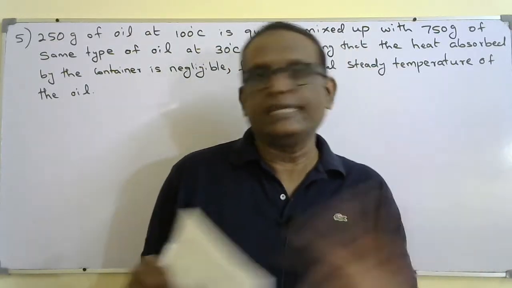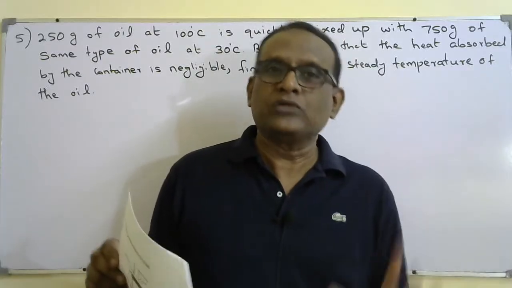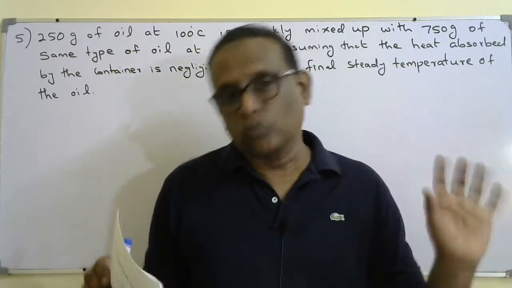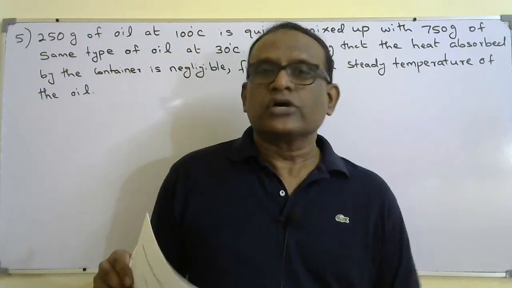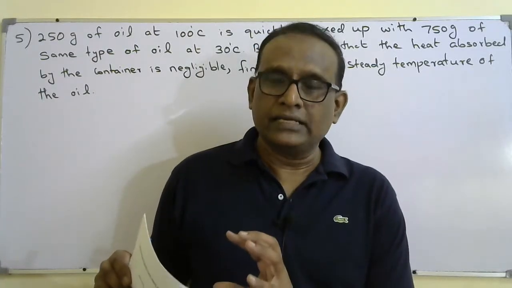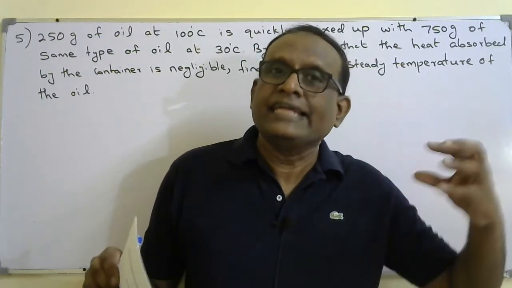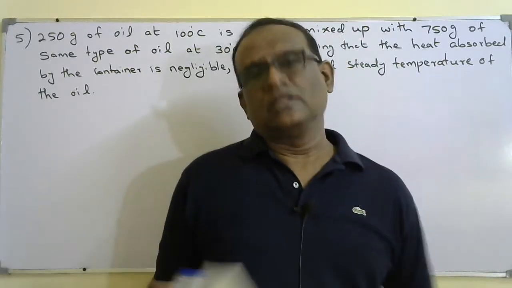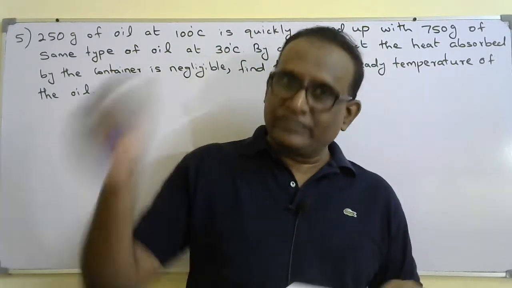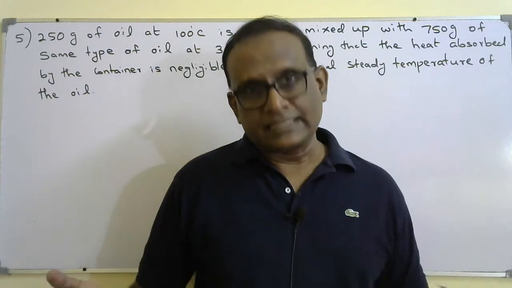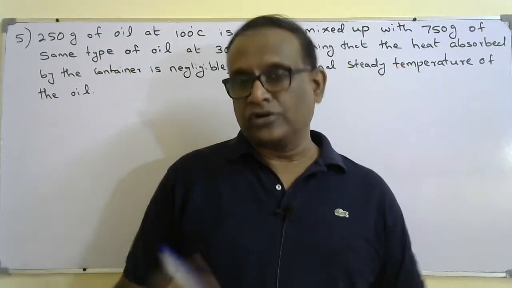So the heat transfer is just going to happen between the hot oil and the cold oil. So heat lost by the hot oil is equal to heat gained by the cold oil. That's all. Finally, after they are mixed, both are going to be at the same temperature. That's what we are going to find.